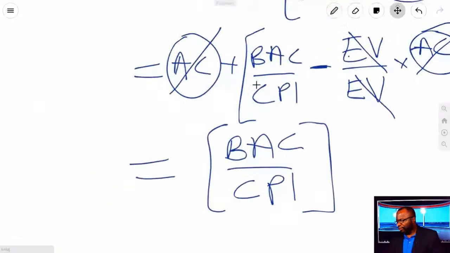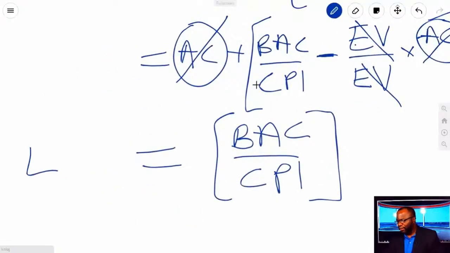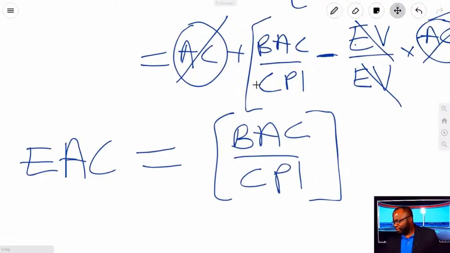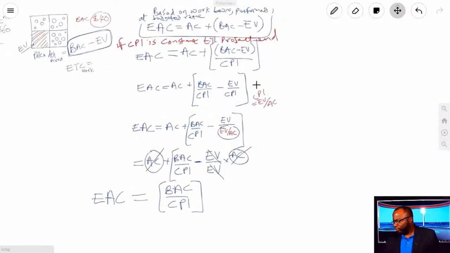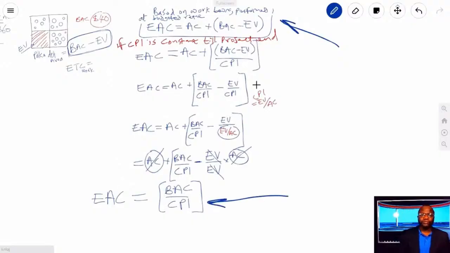I'm showing you all of this so you know how the formula is birthed, so that you do not distance the very first formula, this one, from this. They are pretty much from the same parent.